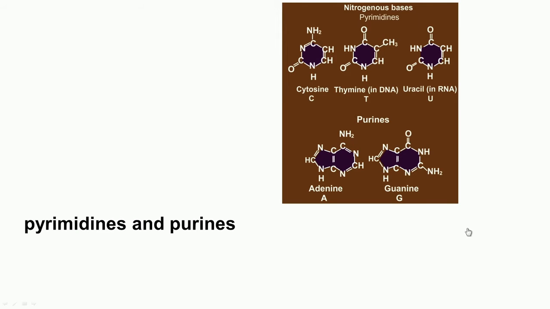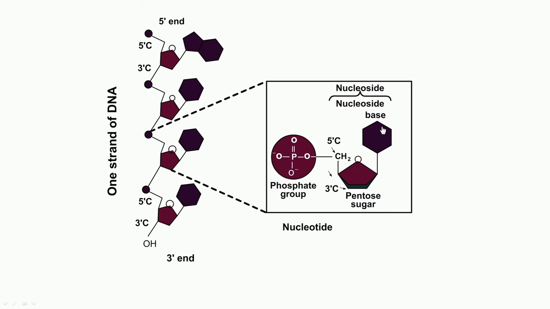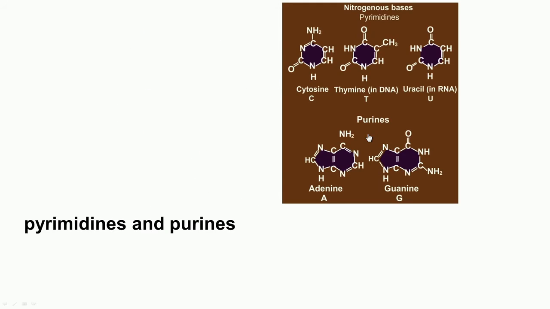So, this base here could be one of these kinds, either a cytosine or a thymine or a uracil or an adenine or a guanine. It so happens that in DNA you have only C, T, A, G, Gattaca, remember, and in what is called RNA you have the uracil instead of thymine.